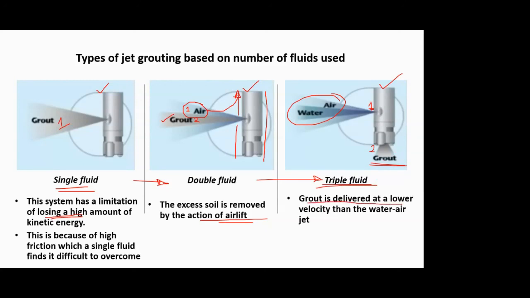The grout is delivered at a lower velocity, meaning less pressure than the water and air jet. I'm not saying it has very little pressure. It has some pressure, but it is less compared to the pressure we impart to the water-air jet.